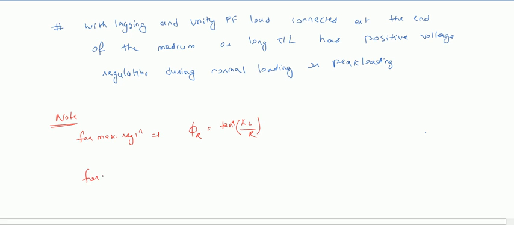And for zero regulation, phi R was tan inverse R by XL, which equals pi by 2 minus theta, right? Now what happens if theta is 45 degrees?